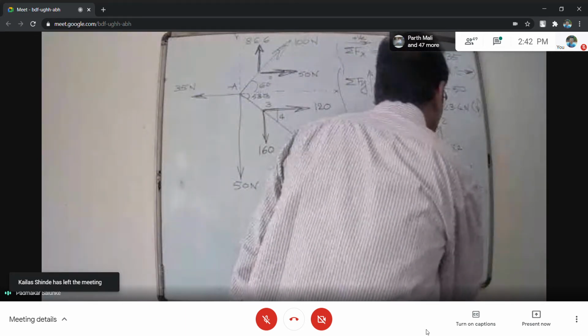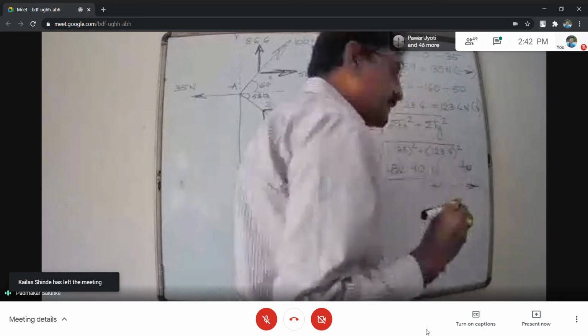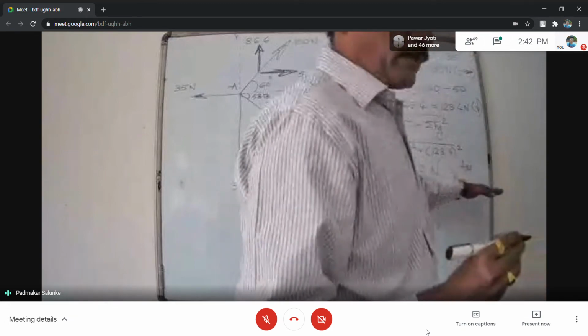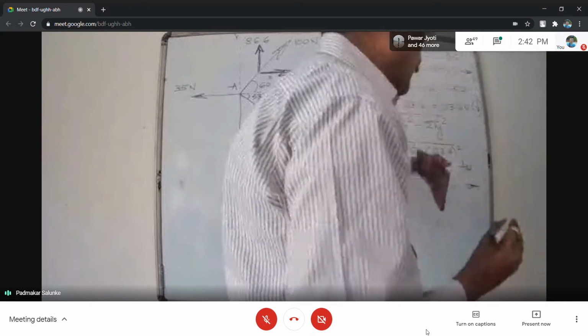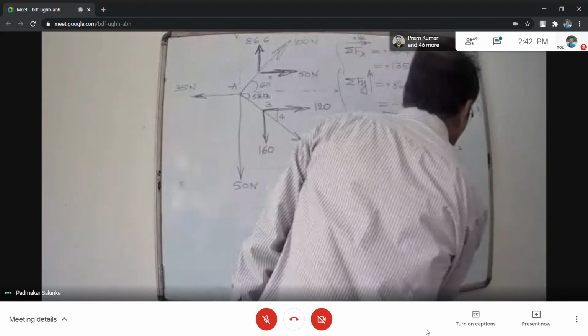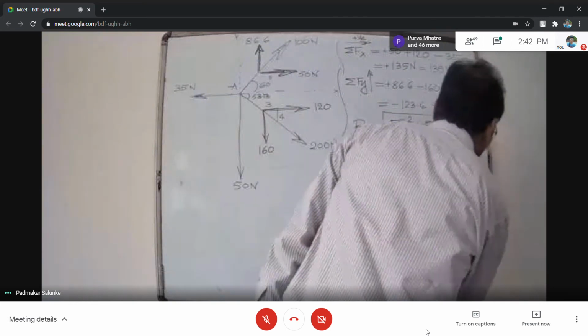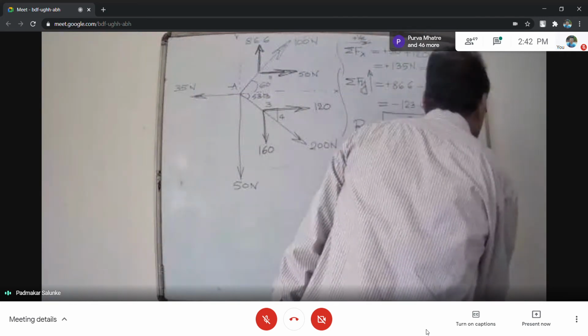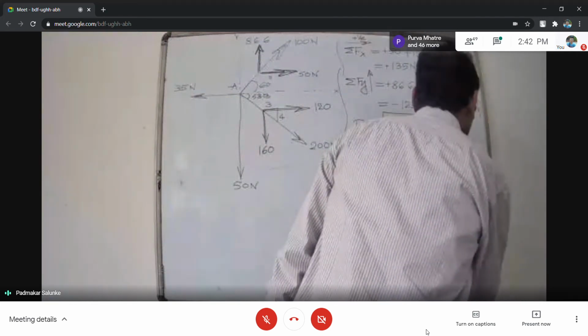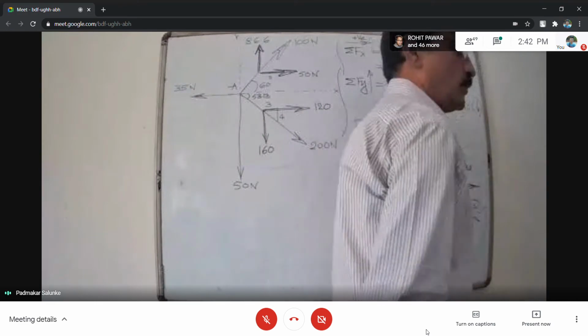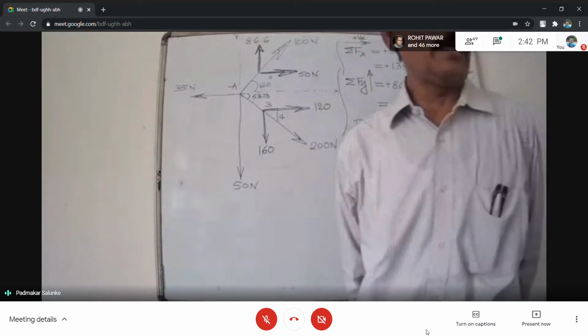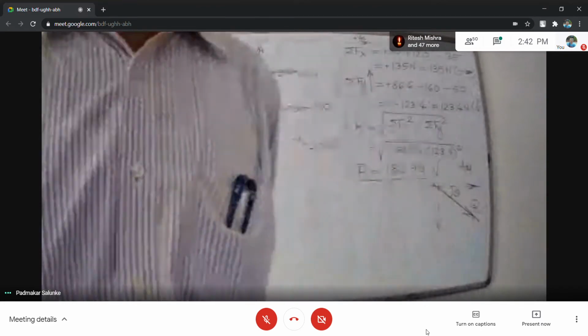What this indicates? It indicates that this is X component of the resultant, this is Y component of the resultant, and hence the direction of the resultant must be like this, and this is your resultant, and this is angle theta, which is angle made by the resultant with x-axis.